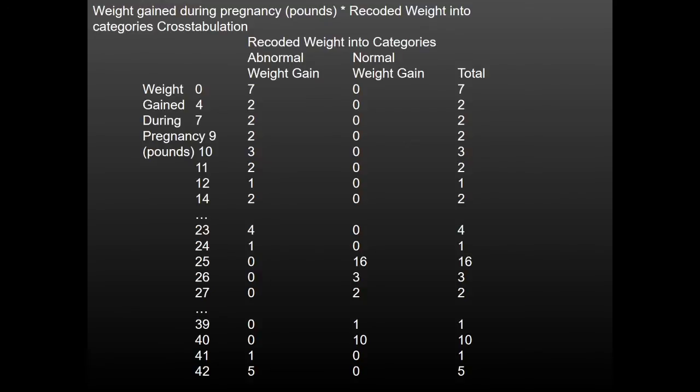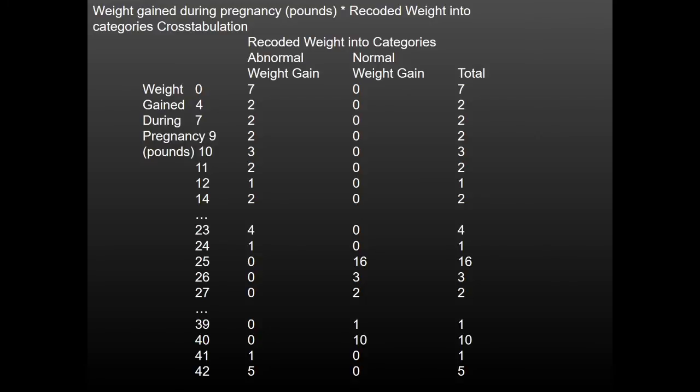So here's an abbreviated version of what the table in SPSS looks like. Its title is Weight Gain During Pregnancy, pounds, by recoded weight into categories. And then it says cross tabulation, because that's the name of the procedure. Then we have a bunch of different table coding information. On the very far left is weight gain during pregnancy in pounds.